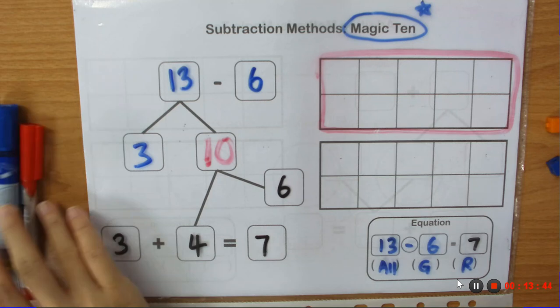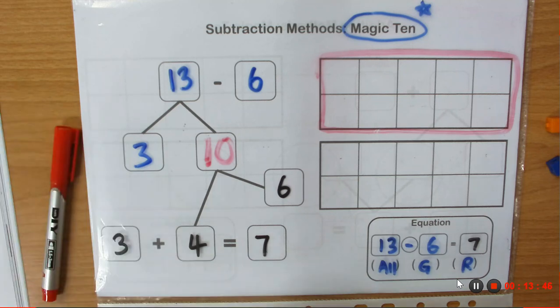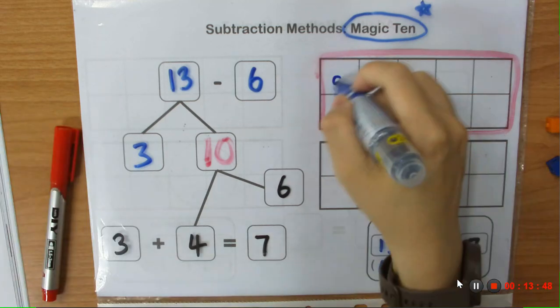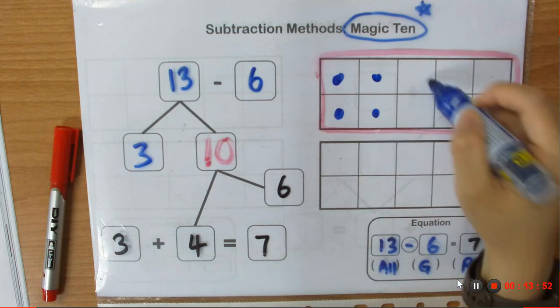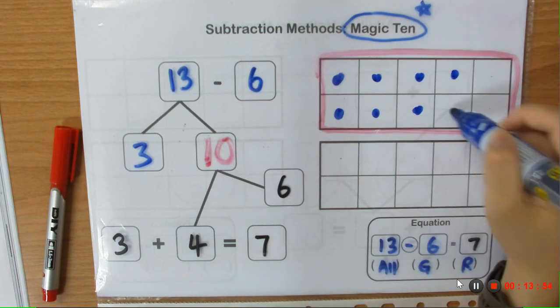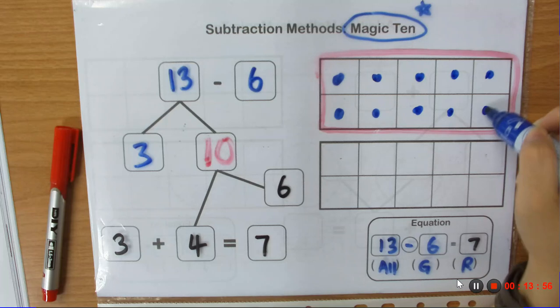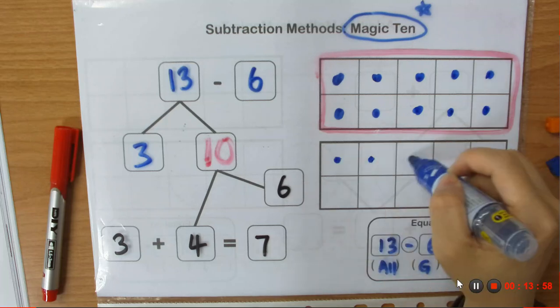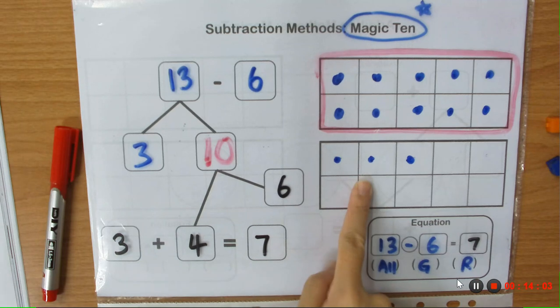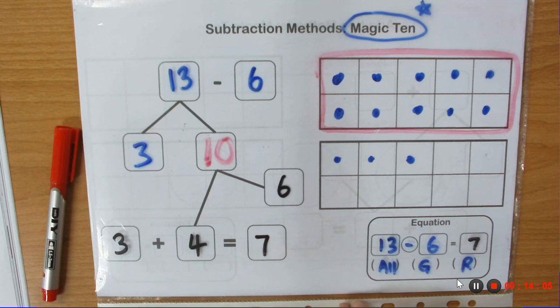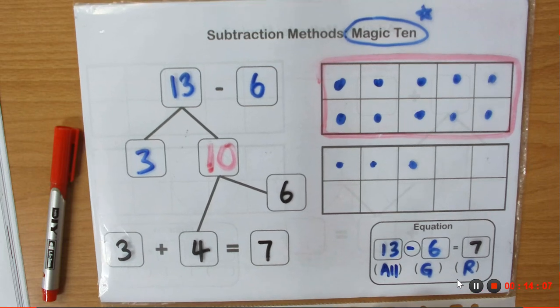So I can show my dots, 13. That's 10 and 3. Oh, only 3 ones. Not enough. Help, help. Tens place, please help us.